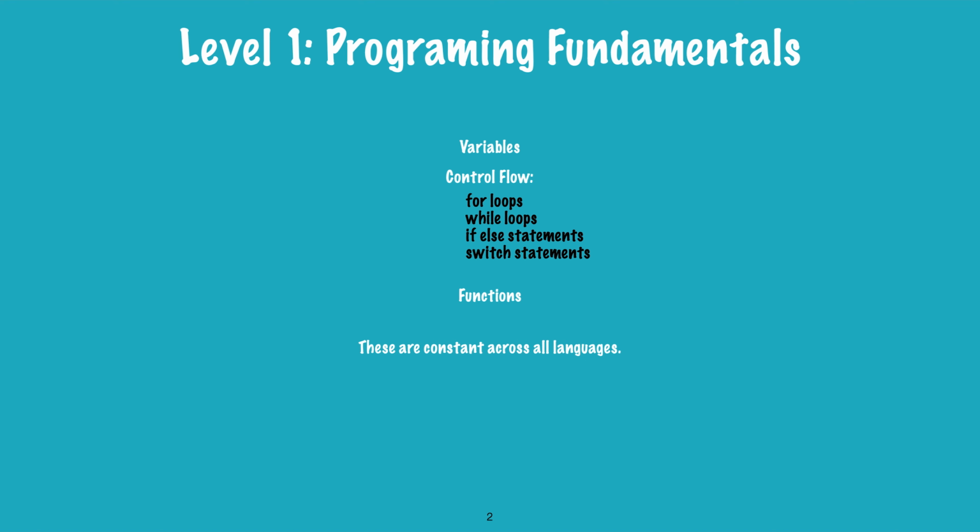These principles are constant across all languages. Each language has its own way of declaring variables, its own way of declaring for loops, while loops, if-else statements, and switch statements. And of course, each programming language has its own way of defining functions. To clear this level, you need to understand these basics.